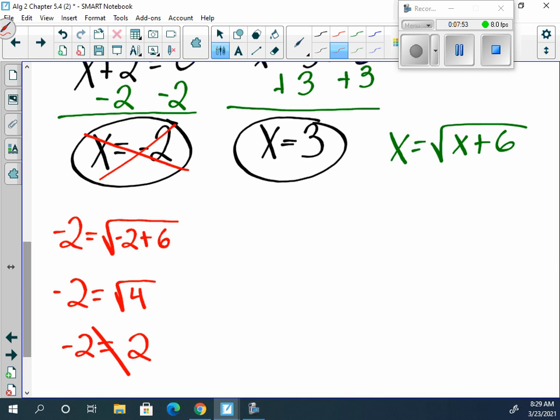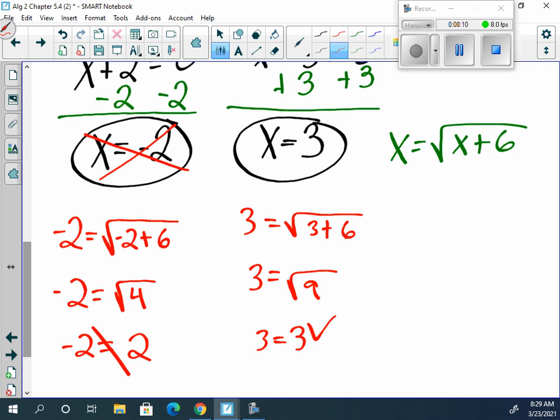Now we can try the same thing with 3. Plug it in for x. Well, the square root of 3 plus 6, well, 3 plus 6 is 9, and the square root of 9 is 3, so that does work.